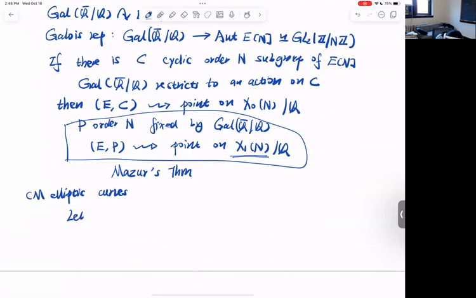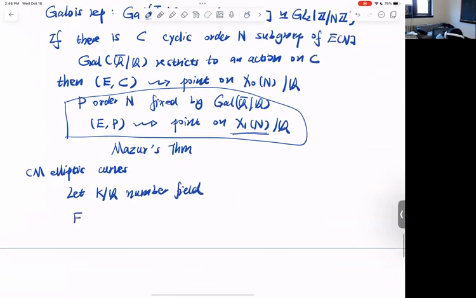So let K be a number field, let E be an elliptic curve, and let alpha be an endomorphism E to E defined over K.